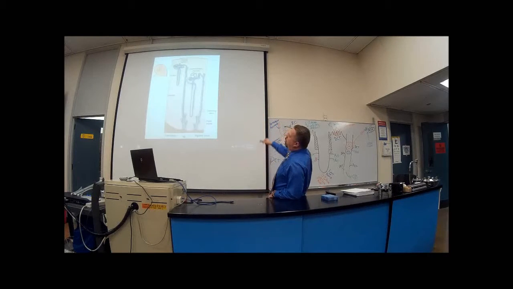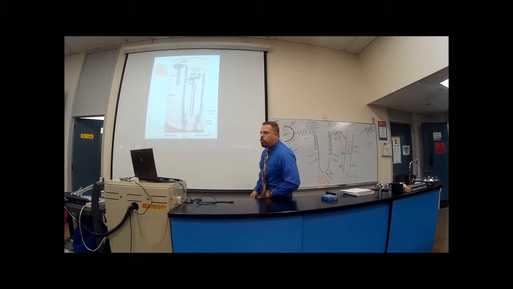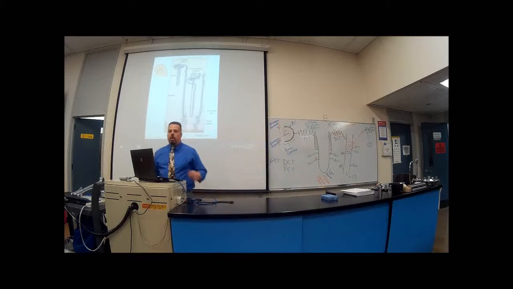But there are 15% where the Bowman's capsule and the renal corpuscle are very close to the border between the cortex and the medulla. See it? In these cases, the loops of Henle are very long, and they're contributing to the concentration of the urine. Okay? Make sense? Pretty straightforward, but you'll see those words happen.